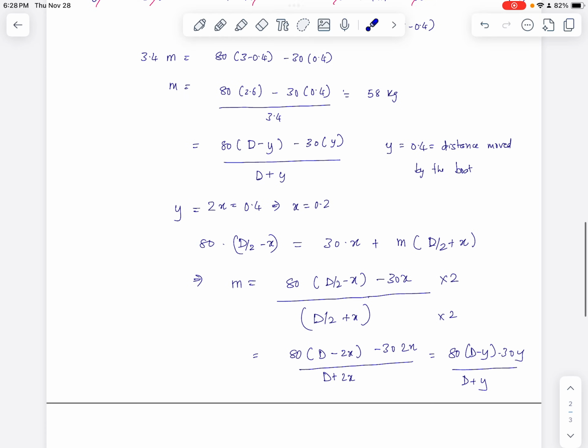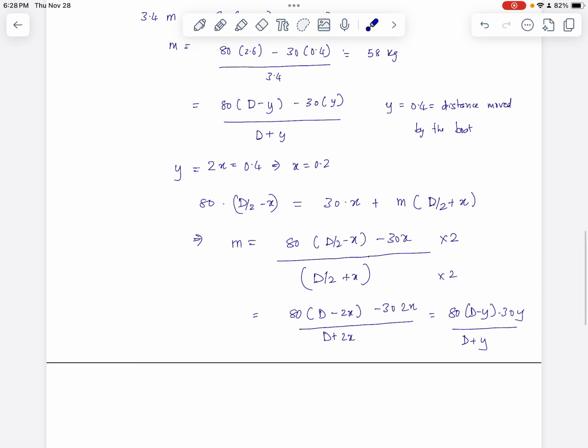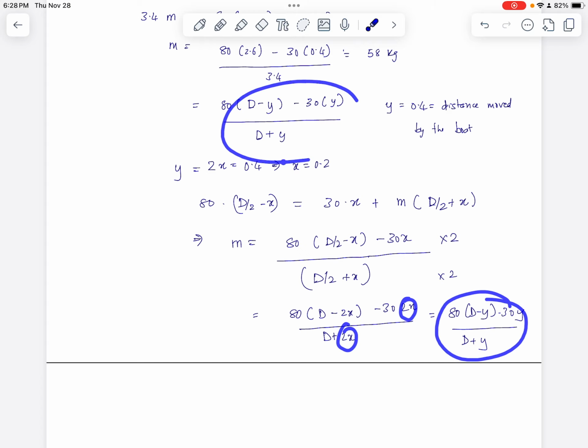So that's what we have here. We rearrange the terms to find M, and we multiply both sides by 2, and when we do that, we end up with 80 times d minus 2x minus 30 times 2x, and knowing that 2x is y, we get the same expression that we had before.